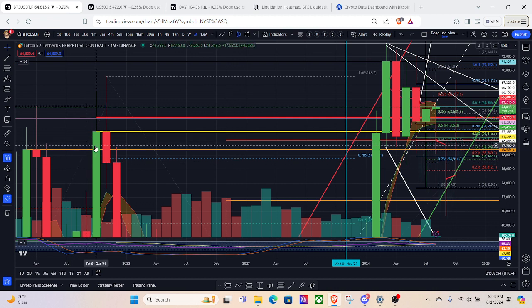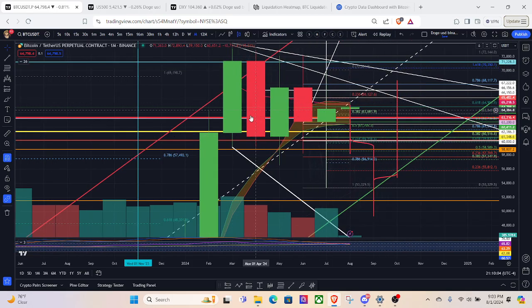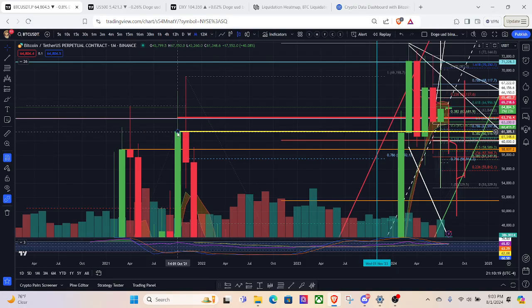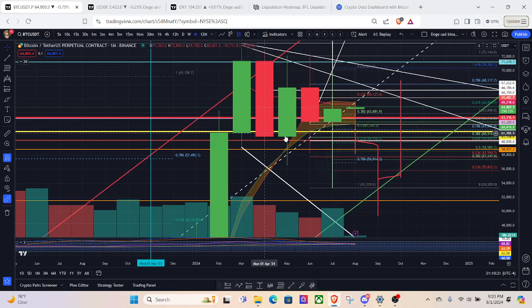Back in October of 2021, you got this candle body close of 61,348. So that's what this yellow line is. And if you look at the monthly candles, we appear to have been building structure above that line, which is a pretty strong signal to be spending this much time in consolidation, several months above the previous highest monthly candle bodies that we had printed before.